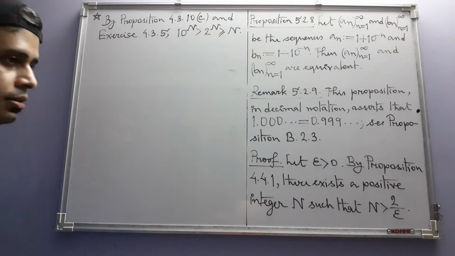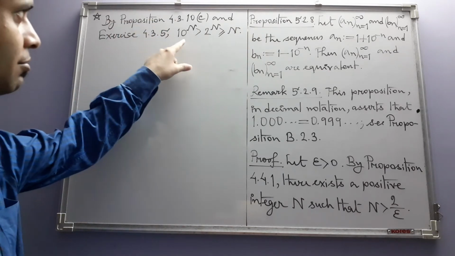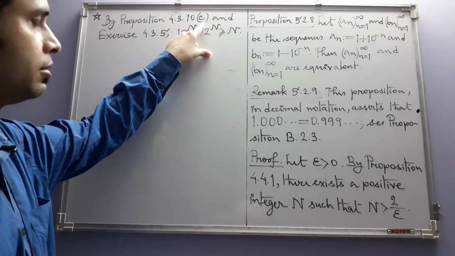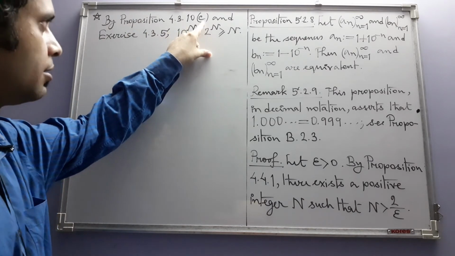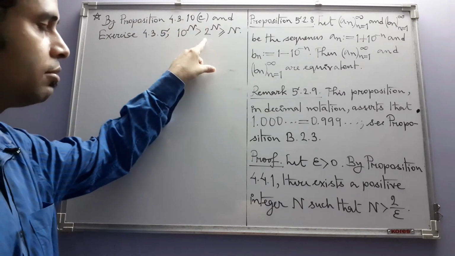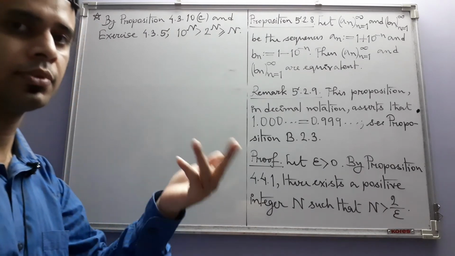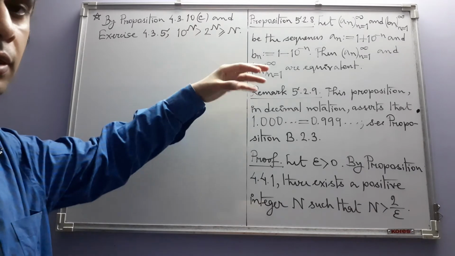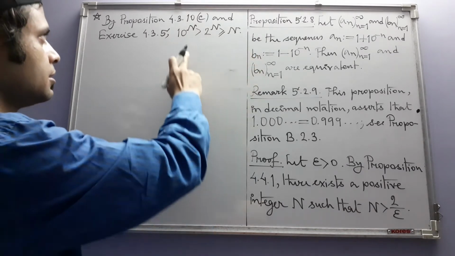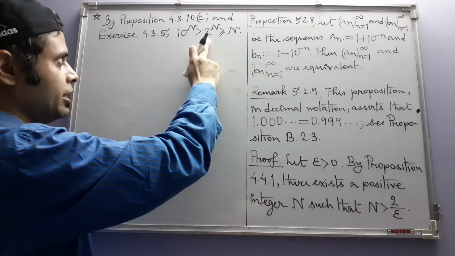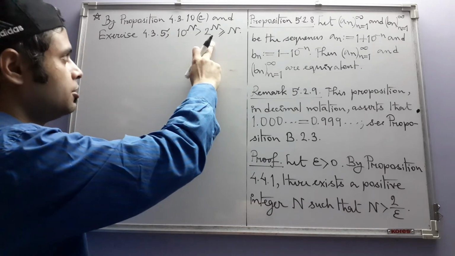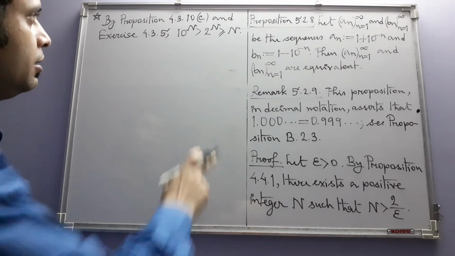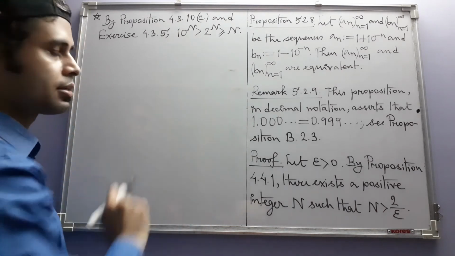Okay. Now what we have done here is this. Proposition 4.3.10 C tells us that when x and y are two rational numbers that are in an inequality relation like this, x is greater than y, like 10 and 2, then we can raise them to any positive integral power and the inequality will be just like that.